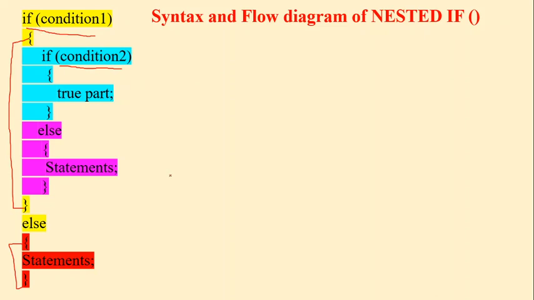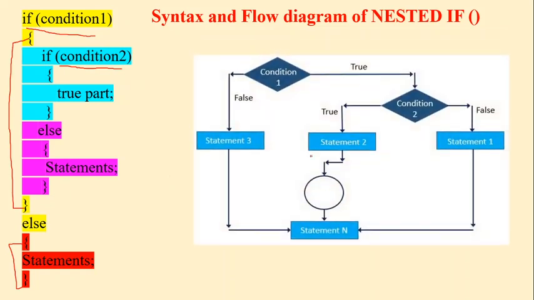We consider the simple flow diagram for this nested if statement. Condition 1: if condition 1 is true, then control moves in the right hand side direction and checks the second condition. If the second condition is also true, then control moves in the left hand side direction, executing the statement 2 part, and then it comes out.